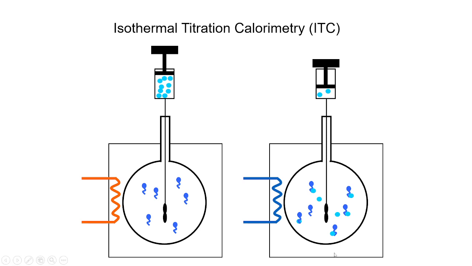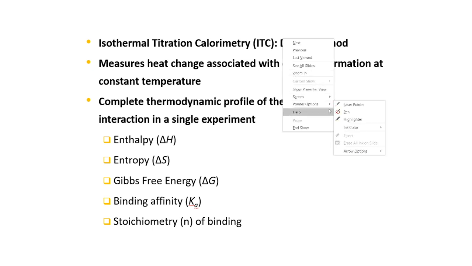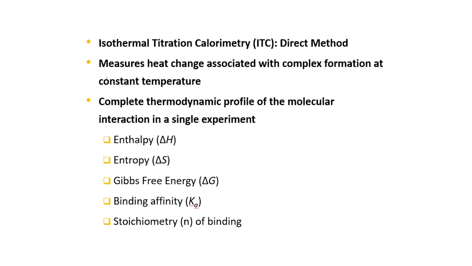This is the diagram of your ITC. ITC is a kind of direct method. It measures the heat change associated with the complex formation at a constant temperature. The complete thermodynamic profile of the molecular interaction can be calculated in a single experiment.